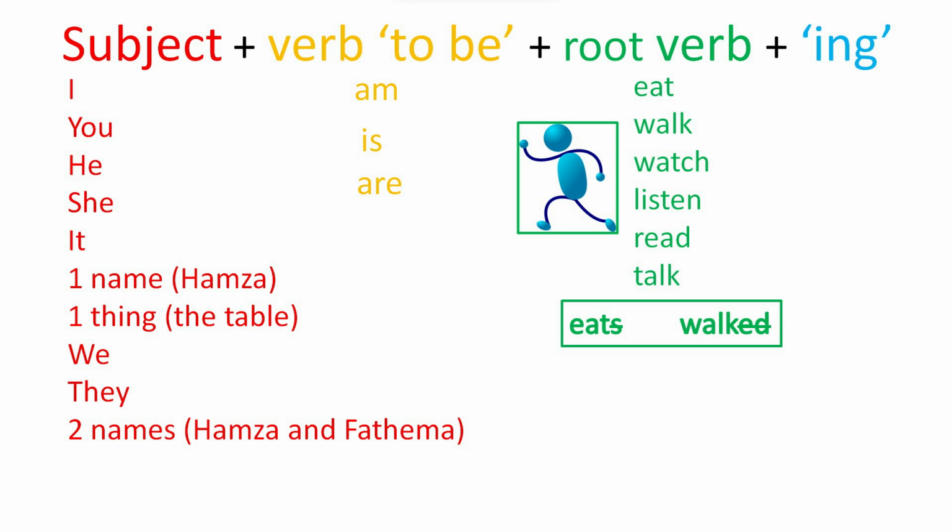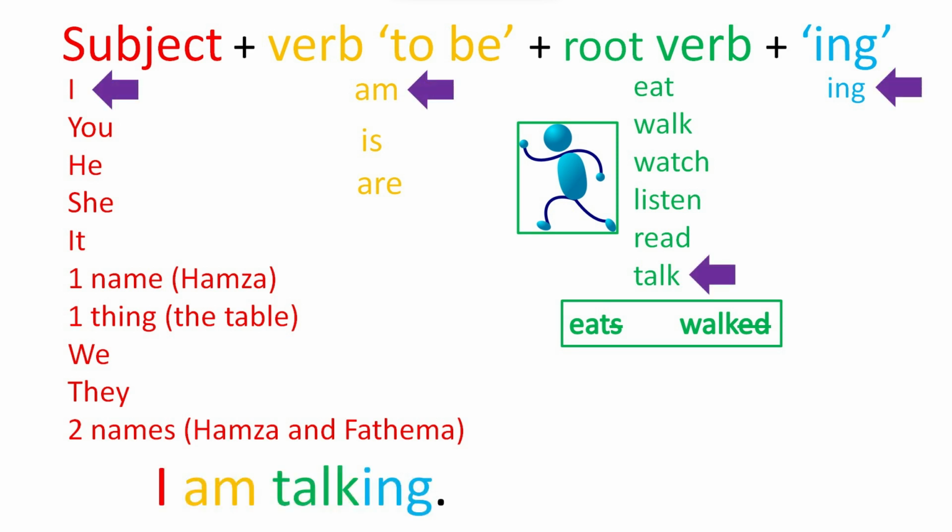There are many more verbs than there are in this list. These are just some examples. And then we just need to add ing onto the end of the verb. So, if we pick a word from each list, we will have a present continuous tense sentence.